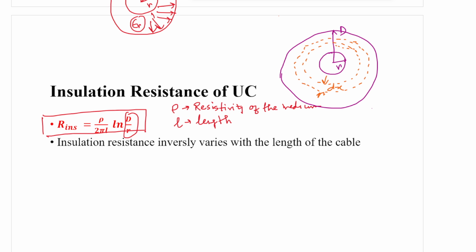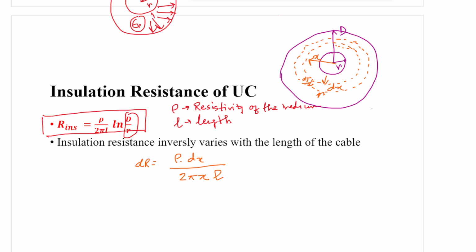The current flowing through this path is, let us say, di, the leakage current. Due to this leakage current di, a small resistance dR will be formed, equal to rho dx divided by 2 pi x L. What is x? x is the radius of this shell.